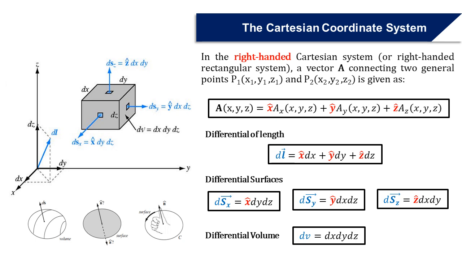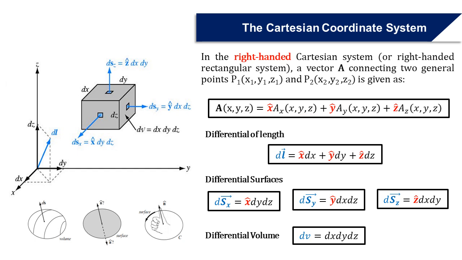So, sa Cartesian plane, ang ating reference axis are x, y, and z. So, of course, yung vector component na nandun sa x-axis, ang notation natin doon would be A sub x as a function of x, y, and z.